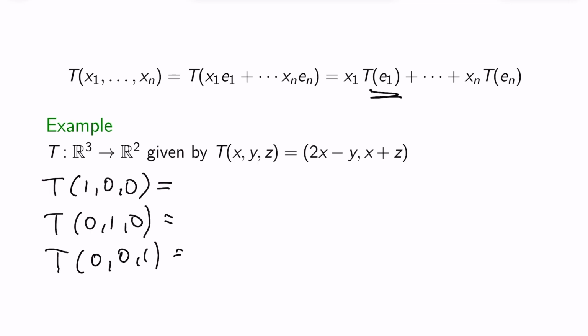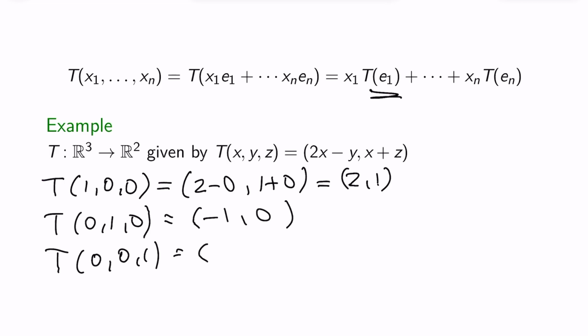So let's find out by just applying the formula here. 1, 0, 0 means x is 1, y is 0, and z is 0. So we're going to have here 2 minus 0, comma 1 plus 0. So we're going to have here 2, 1. And so on. For the second one, we will have minus 1, 0, and for the last one, we'll have 0, 1.